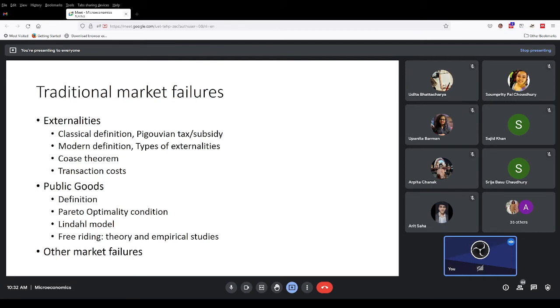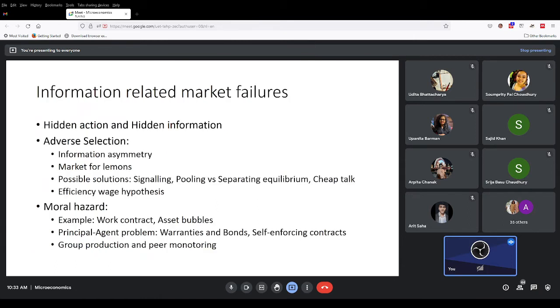Now the market failures can be divided into two parts. One is, as I've said, the so-called traditional market failures. The main types of market failures are externalities and public goods. So this is what we are going to cover in the second module. And the other relates to information related market failures.